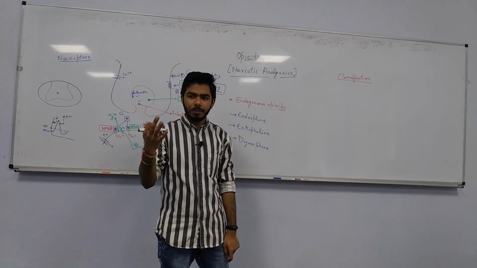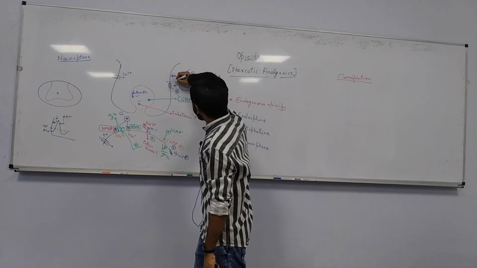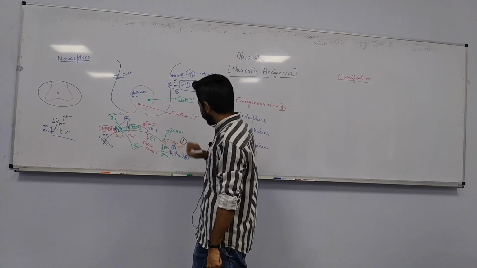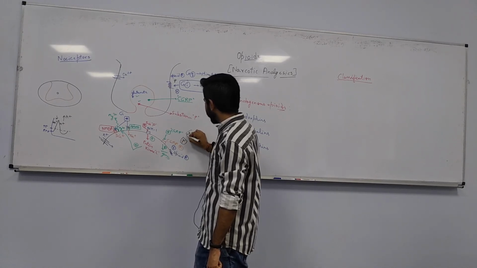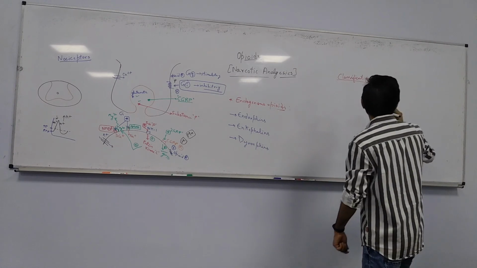We are having three kinds of receptors for the opioids, and one of the receptors is mu. This is the sign of mu, or mu in English. Okay, so we are having three kinds of receptors.